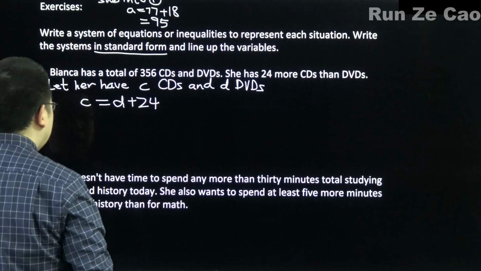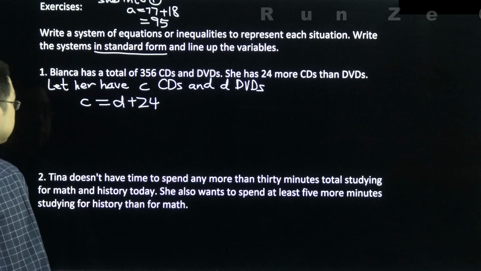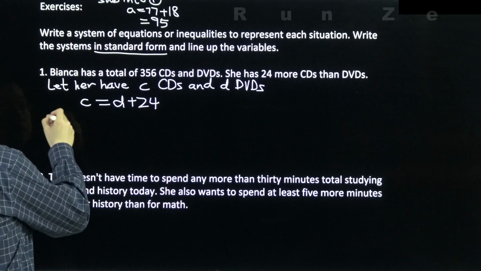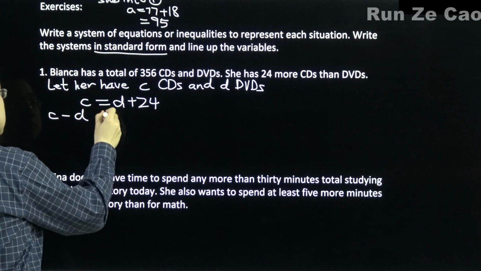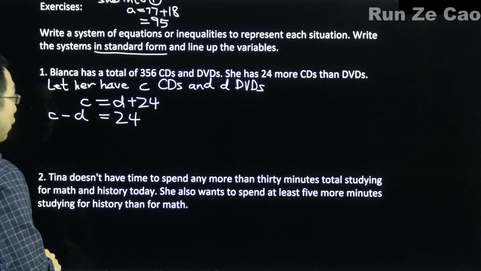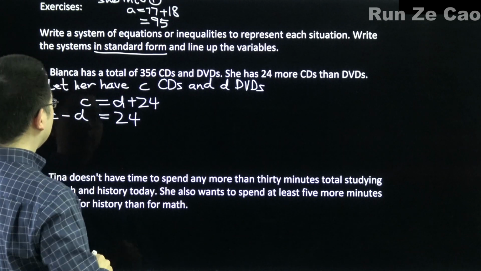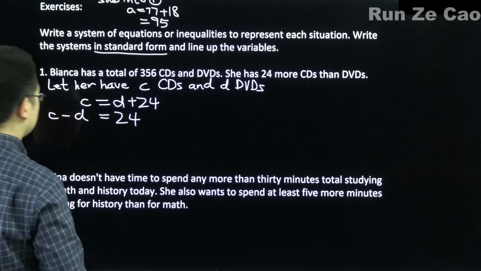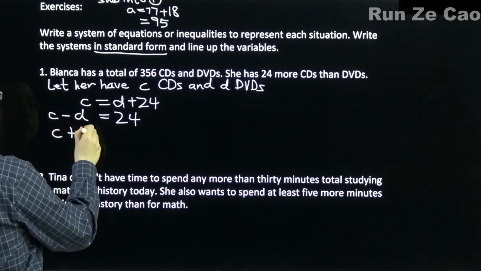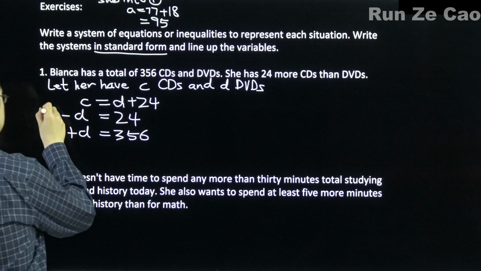That means you need to have all your variables on the left side in alphabetical order. That means C minus D is equal to 24. And what's the other expression? The total number of CDs and DVDs is 356. So C plus D is equal to 356.